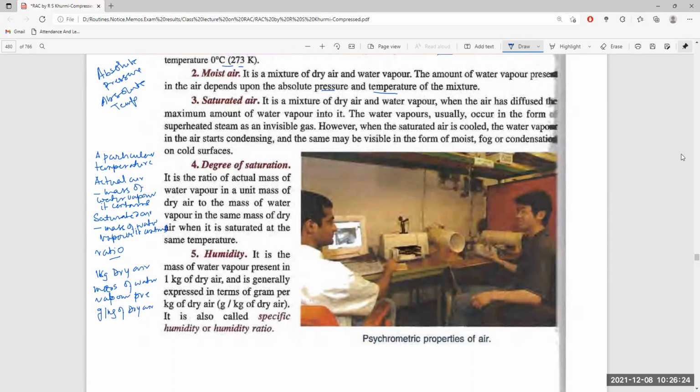It is also called specific humidity or humidity ratio: the mass of water vapor present per kg of dry air, in terms of gram per kg.